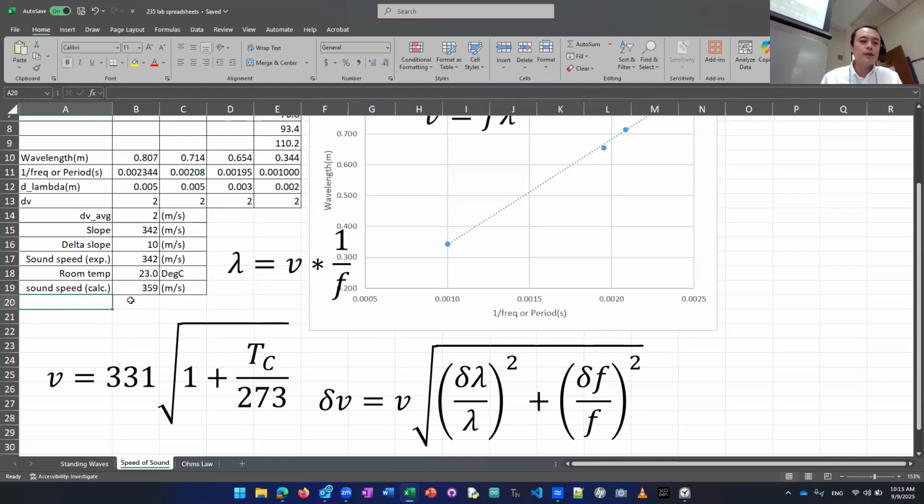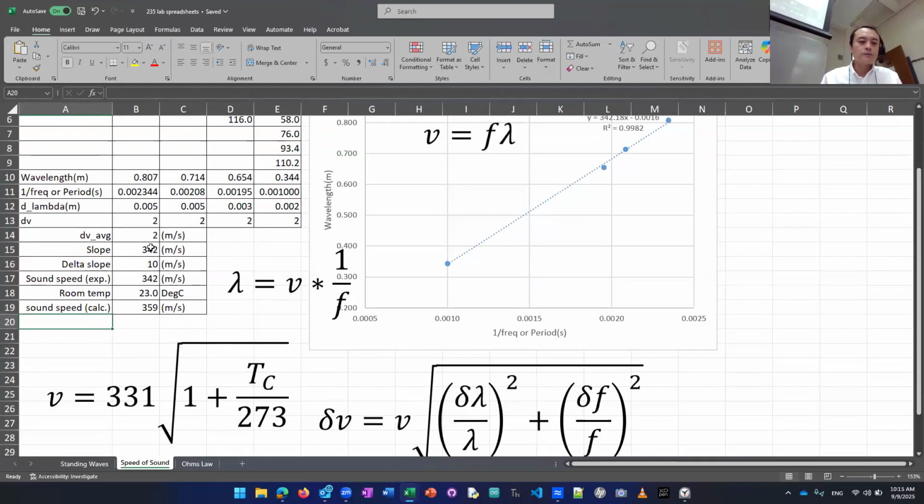Let's remove that. So one more time for the last part. So calculate the expected velocity based on room temperature, and that is the, okay, this is the calculated value, and oh, I see, I know what it is.